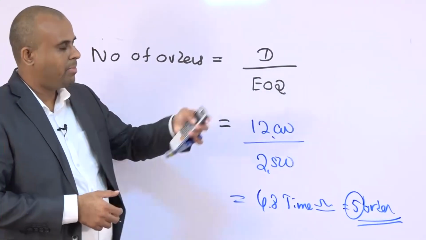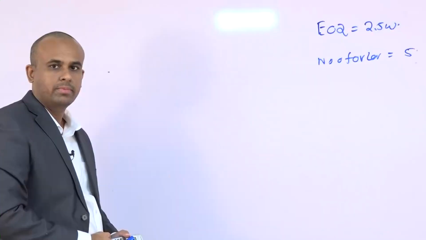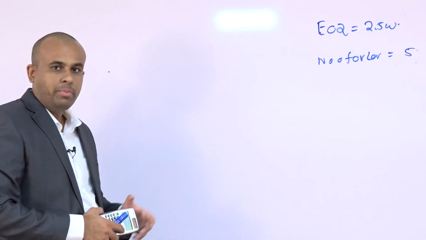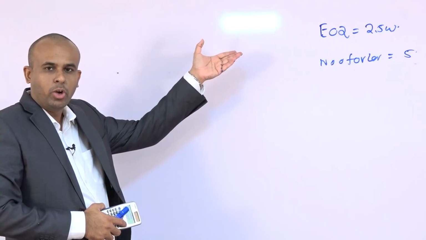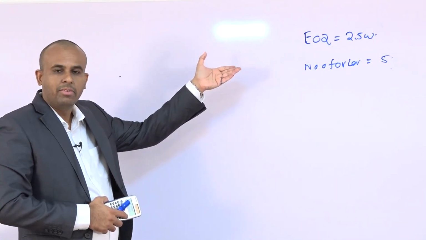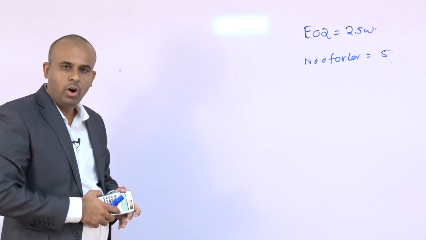What is the next requirement in the question? Calculations of the frequency of ordering, right? Before that we have already calculated the economic order quantity in this question as 2,500 units, number of orders as 5 orders. We got 4.8, but we approximately get it as 5 orders, right?